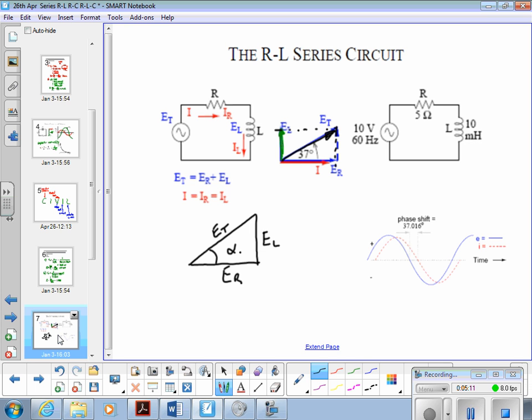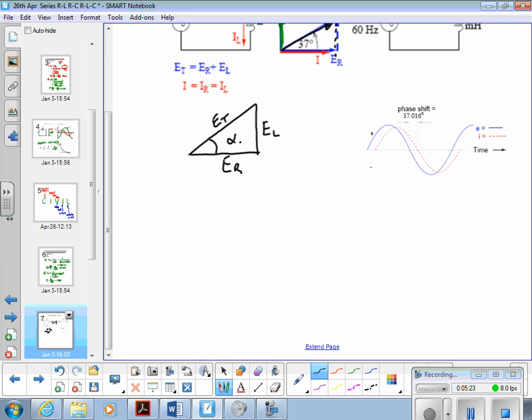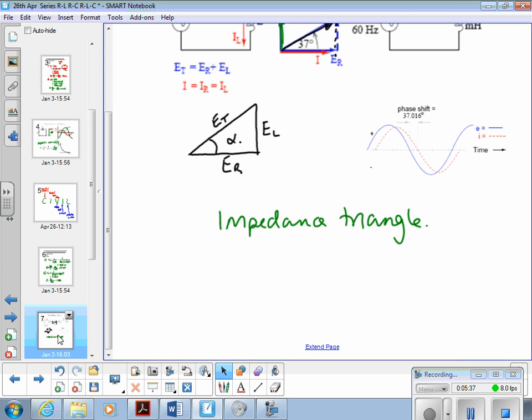So that's a phasor diagram, a triangle to express the voltages. What we can also have is a similar triangle to express the impedances, where we have R, the in-phase part, on the horizontal.